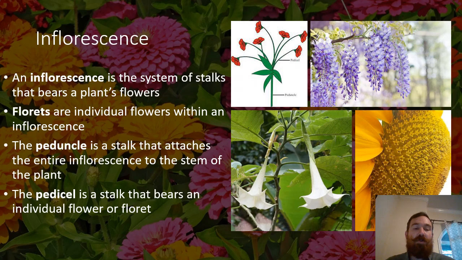In an inflorescence, we've got 2 main types of stalks, which are modified stems. We've got the peduncle and the pedicel. The peduncle bears the entire inflorescence. A pedicel is a stalk that bears a single floret within that inflorescence. So, for example, if we look at these flowers, we would say that this is the peduncle because it bears one flower.